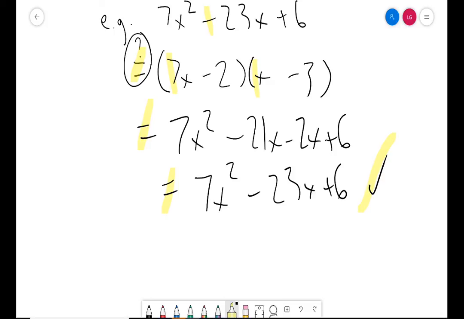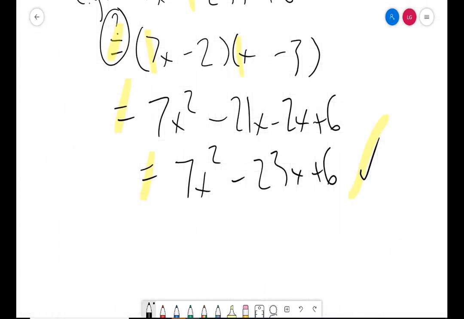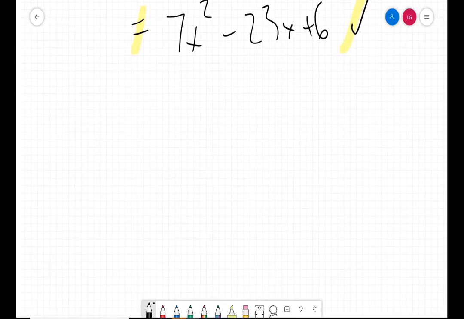It is in the checking that we understand that the equal sign we're trying to establish is in fact appropriate. It is true that 7x squared minus 23x plus 6 is in fact equal to (7x minus 2) times (x minus 3). Oops. All right.